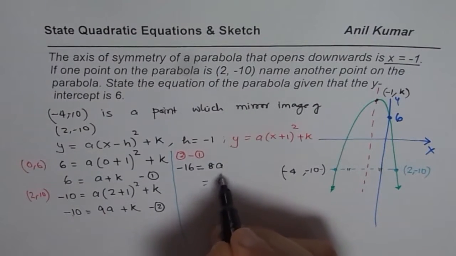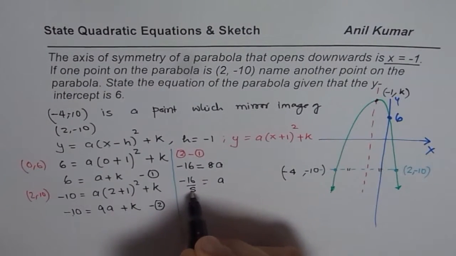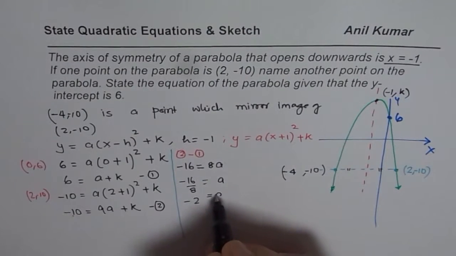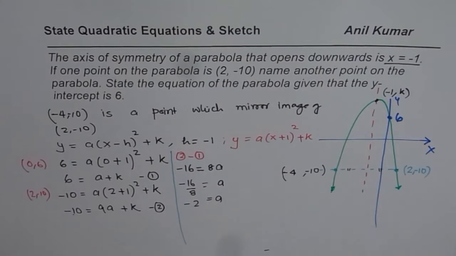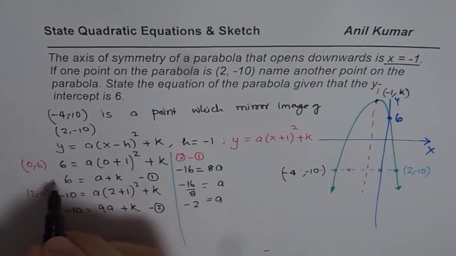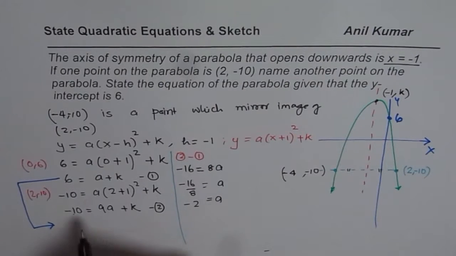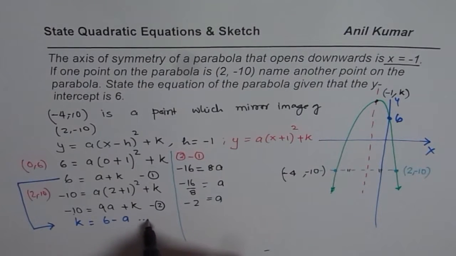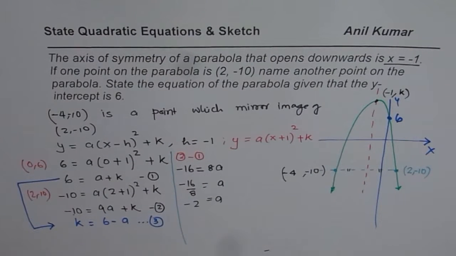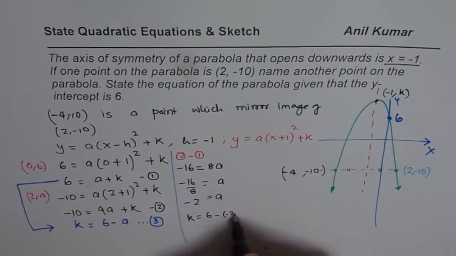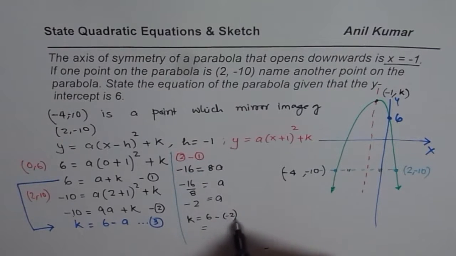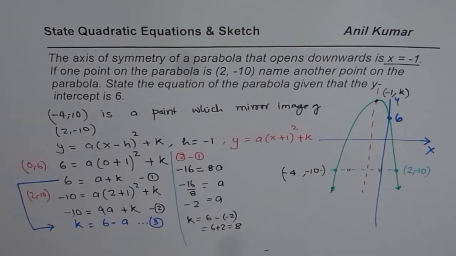So a equals minus 16 over 8, which is minus 2. Once we know a, we can find k also. From equation 1, k equals 6 minus a; call this equation 3. So k equals 6 minus minus 2, which is 6 plus 2, which is 8.